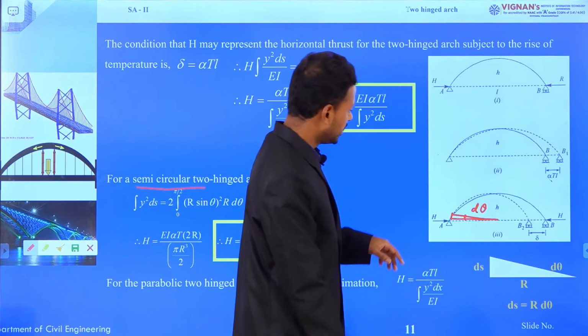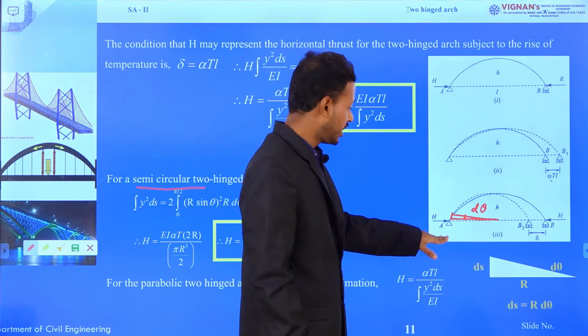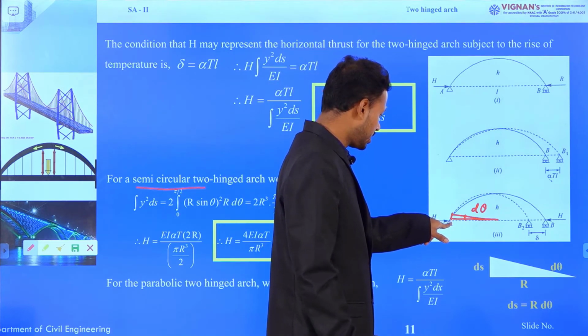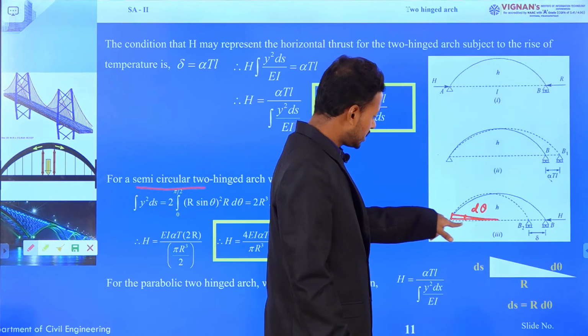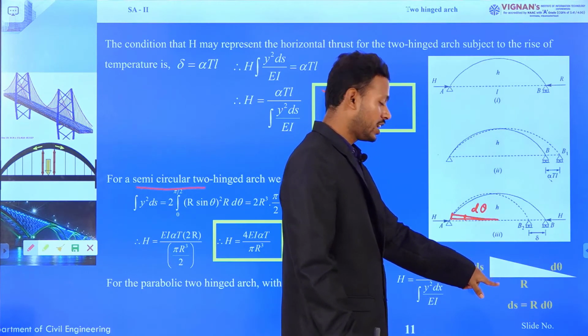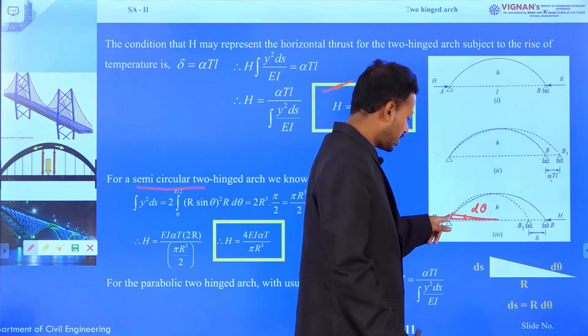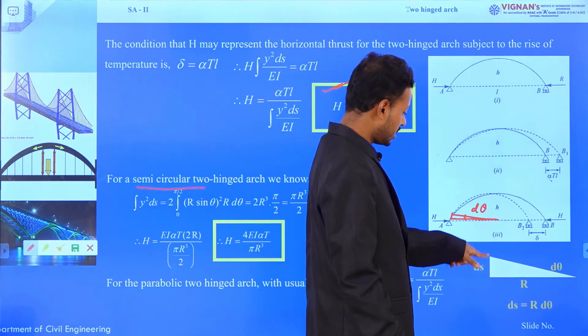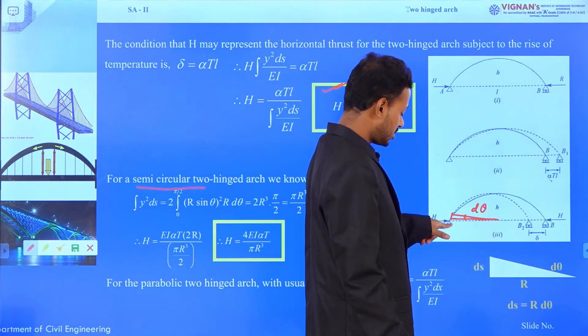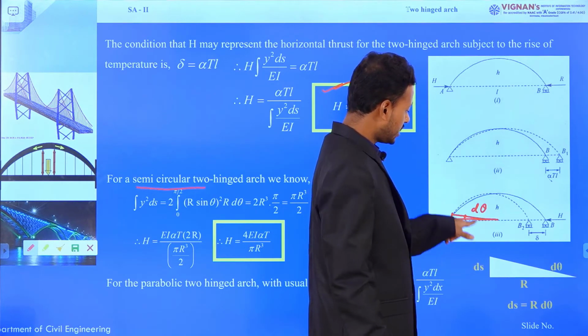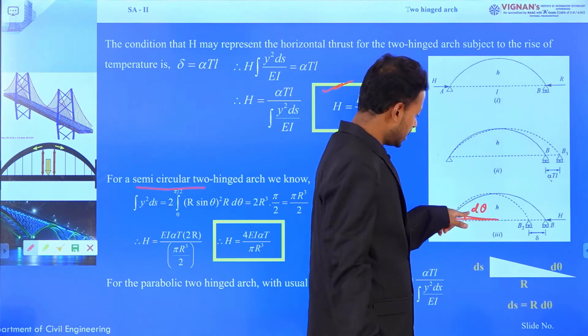I am considering a small triangle at this position. The base of the small triangle is r, and the altitude or vertical distance of this triangle is ds, and the inclination of the hypotenuse is d theta.